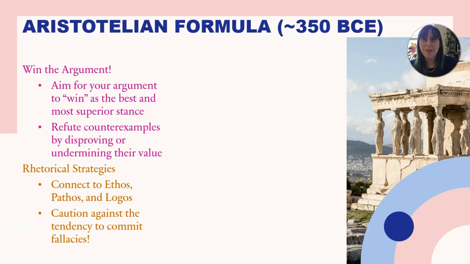Aristotle was the one who came up with the rhetorical appeals, so those strategies are a hardcore, overt connection to ethos, pathos, and logos. I'm pretty sure Aristotle is not the one who came up with rhetorical fallacies, so just a caution not to overdo it, not to get too fervent, so that you are not crossing the line into manipulating or misleading your audience.